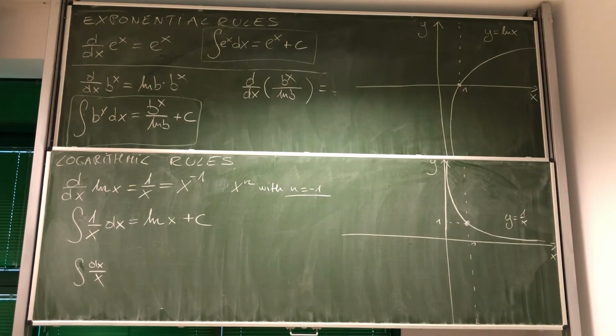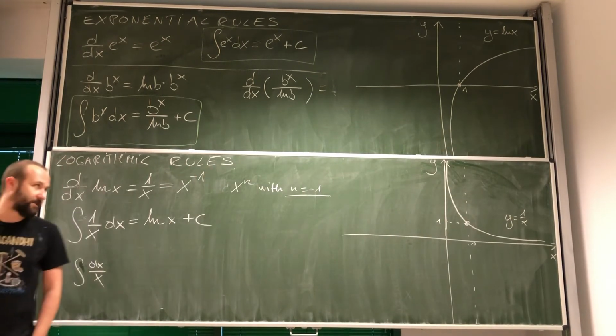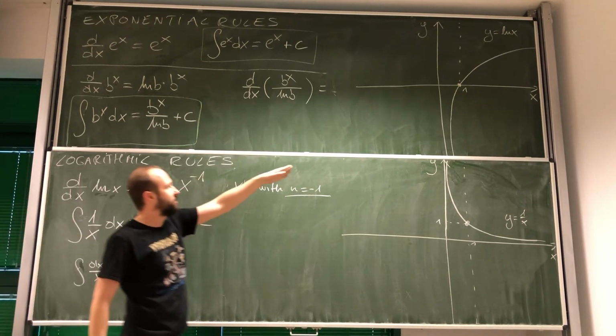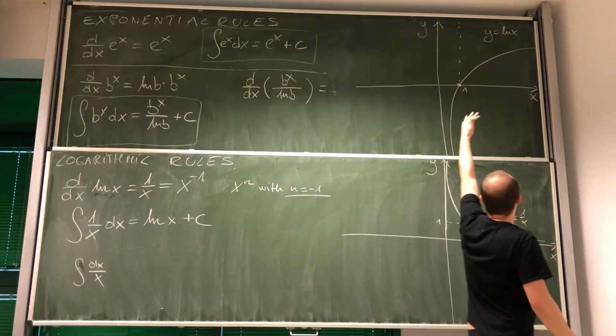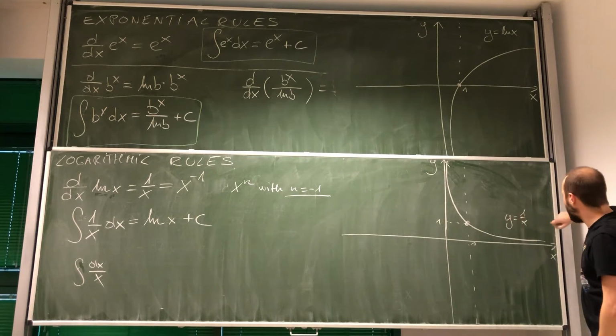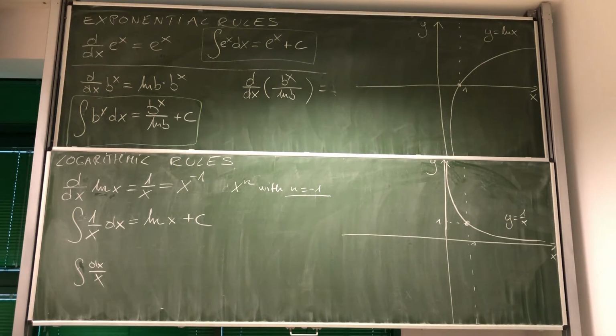Okay, and look how amazing is the result that we get. Let's just enjoy it for a second. Look, it turns out that if I want to know what is the slope of ln x at any point in its domain, all I need to do is to read this point from the hyperbolic function, the reciprocal function 1 over x.